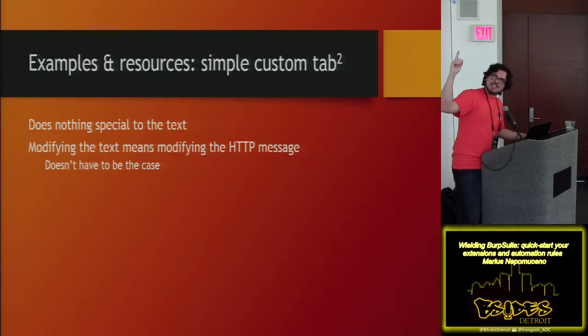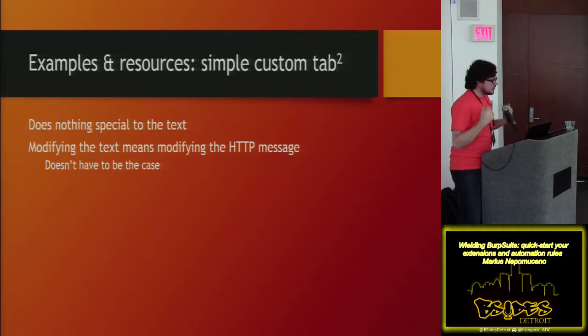It is the same as the raw, but it doesn't have to be the case. That was my point. You can actually create a tab where you can modify all you want, and when you forward that message, if it was intercepted, it will still remember the original message before any modifications. So this allows for some interesting usages as well. Just keep that in mind.